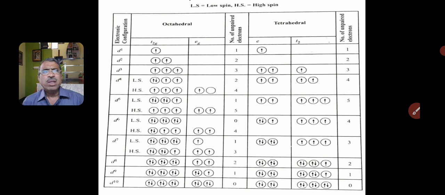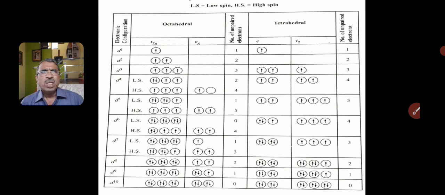This is a table that shows the number of unpaired electrons in octahedral complexes, both low spin and high spin, as well as tetrahedral complexes. If a complex has a d1, d2 or d3 system, it contains 1, 2 and 3 unpaired electrons.